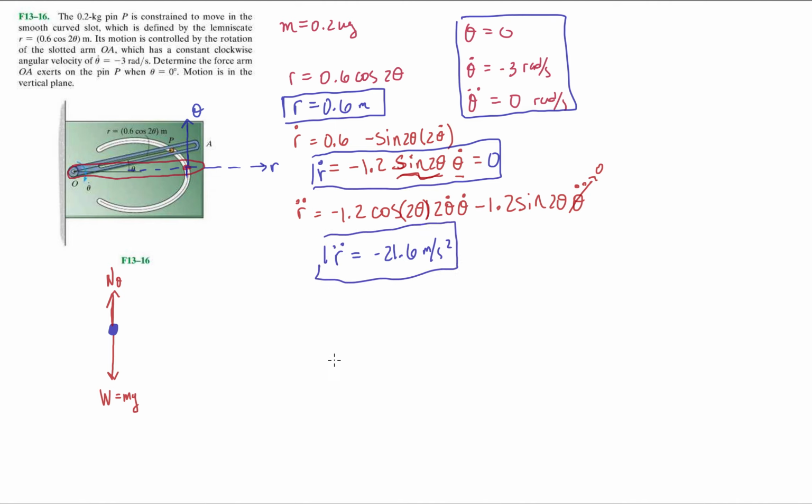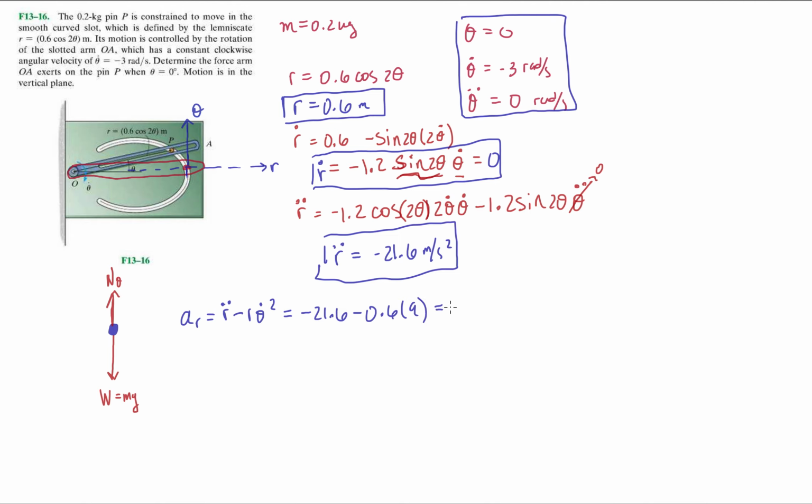Now let's move on to the equations of motion. So we have a_r. Remember, always write these down. When you try to skip steps, that's when you get into some trouble. So here we have minus 21.6 minus r, 0.6, and then theta dot squared, which is times 9.